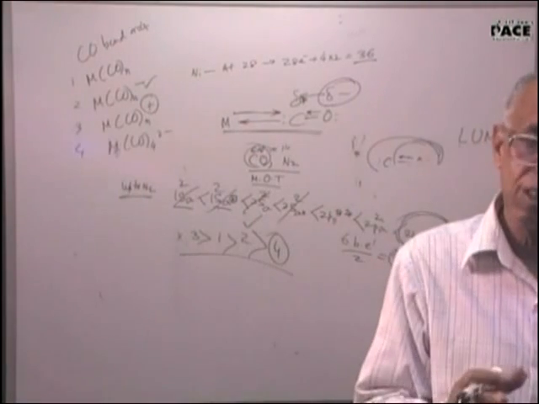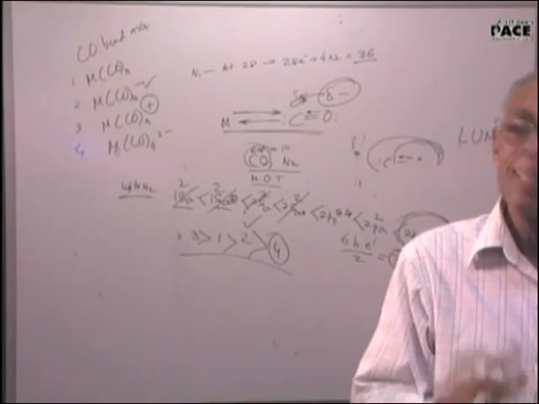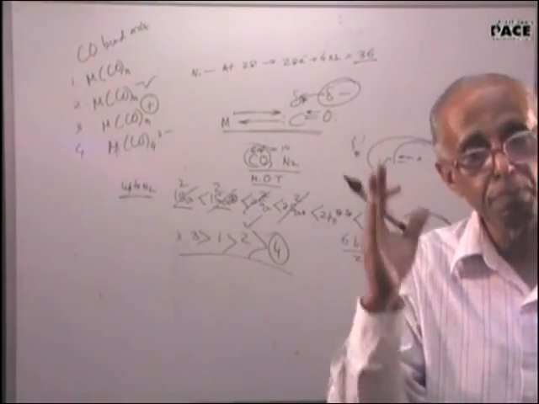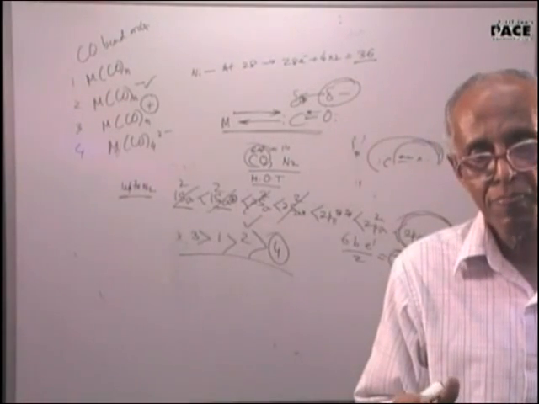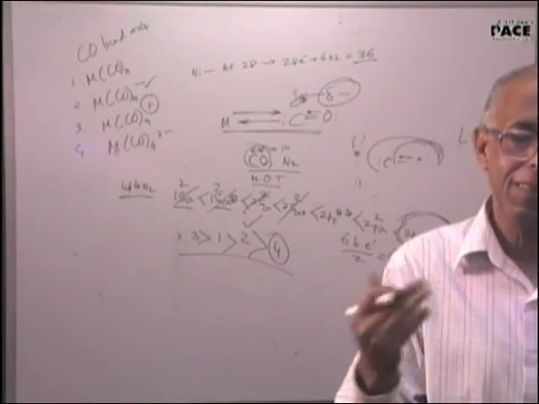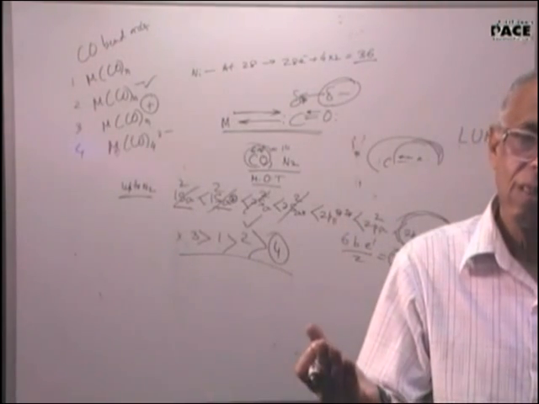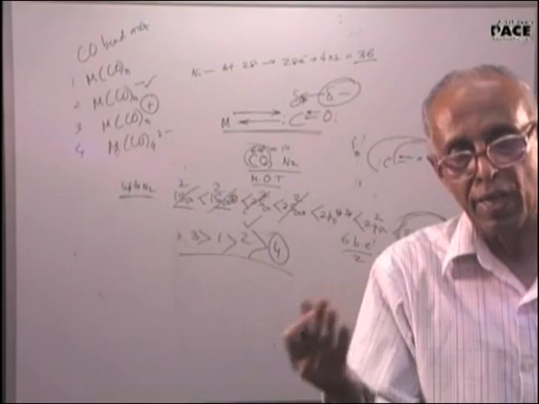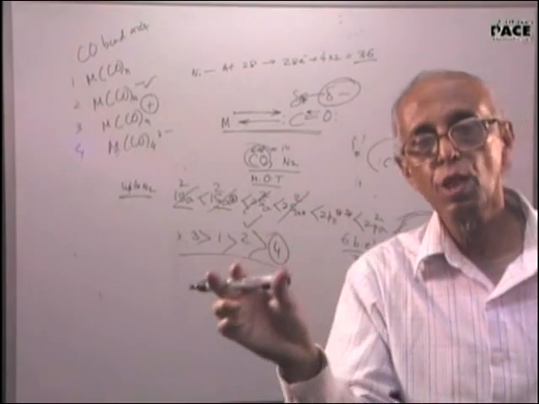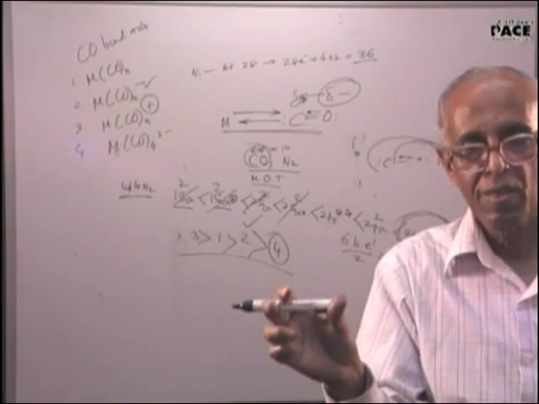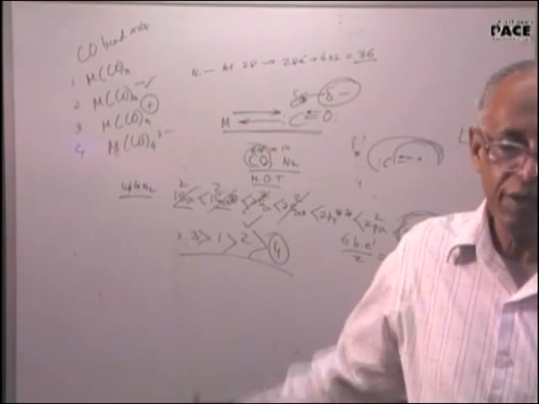While the metal is in 0 oxidation state, it is less electron deficient than in plus 1 oxidation state. So the metal will be a better electron donor when it is 0 rather than plus 1. The better the donor, the weaker the CO bond order. So this is the order.